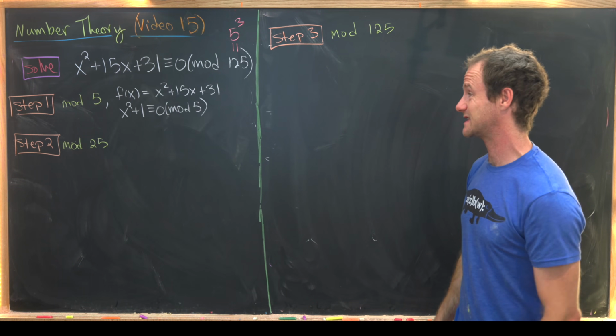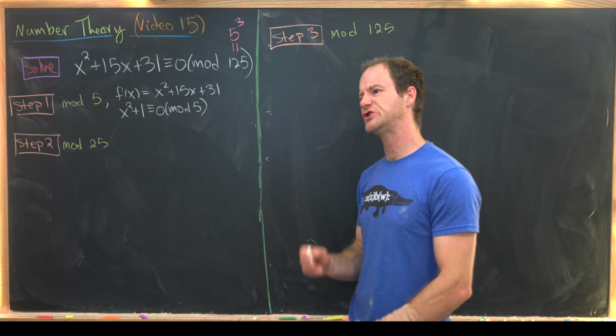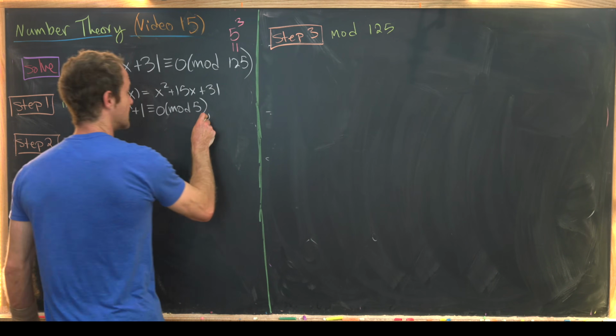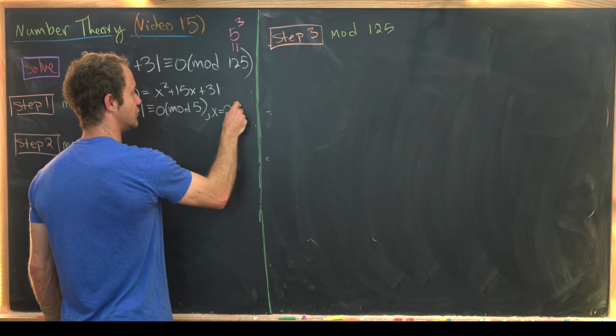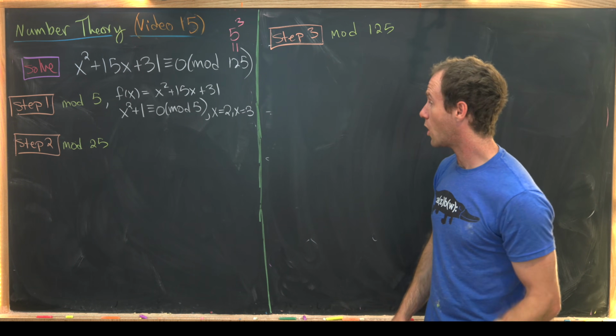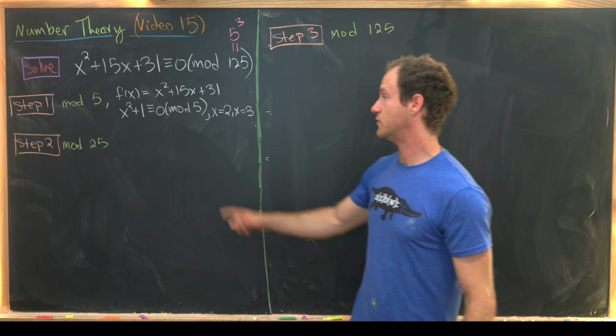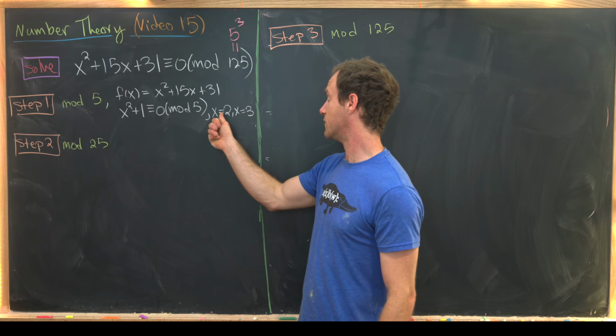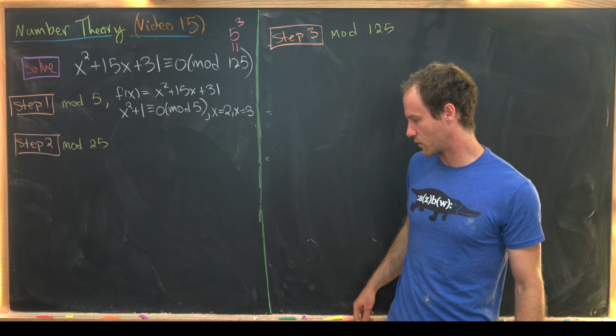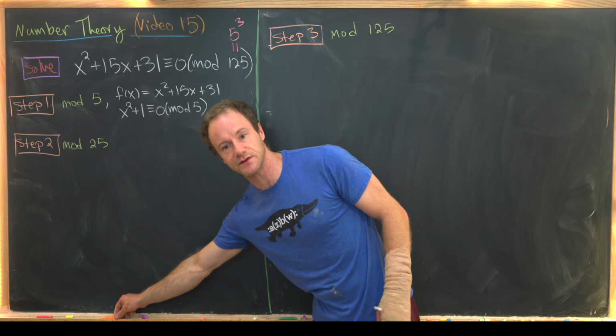And there are exactly 2 solutions to this, which you can easily guess and check because 5 is a fairly small number. So here we have x equals 2 or x equals 3. And then you also want to check that if you take f prime and you evaluate it at 2 and 3, you do not get 0. That's another one of the hypotheses for Hensel's Lemma.